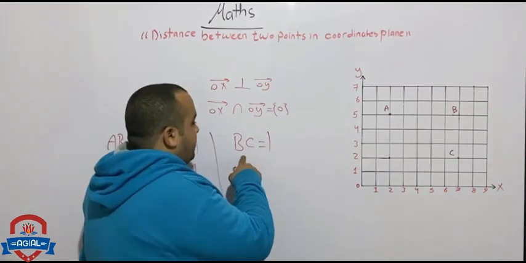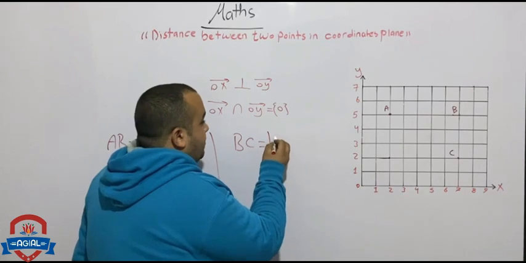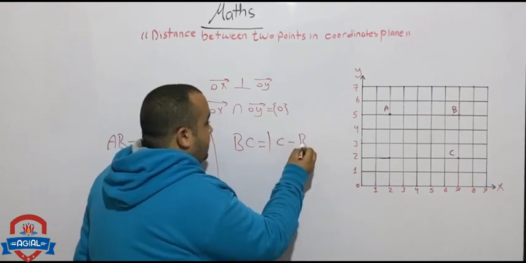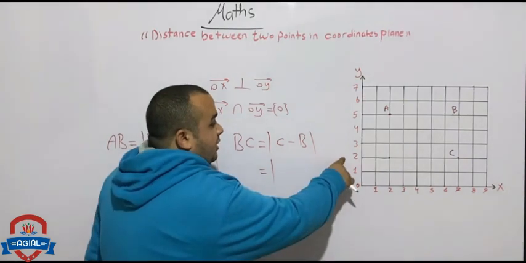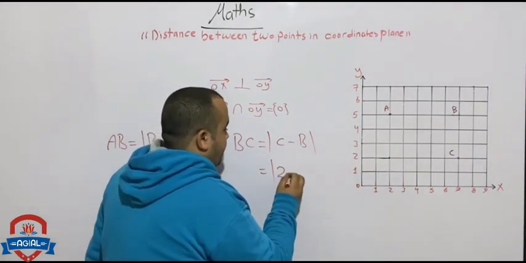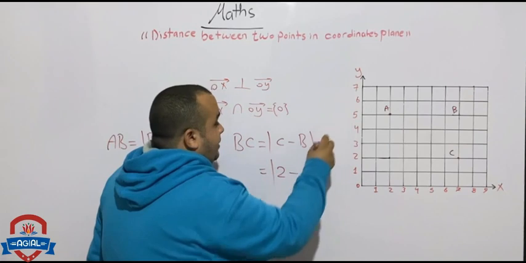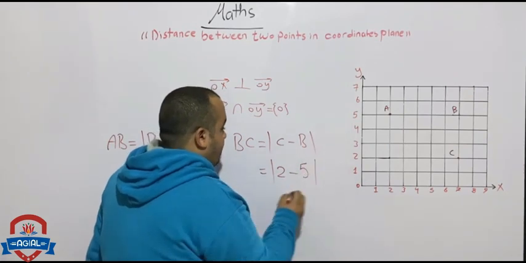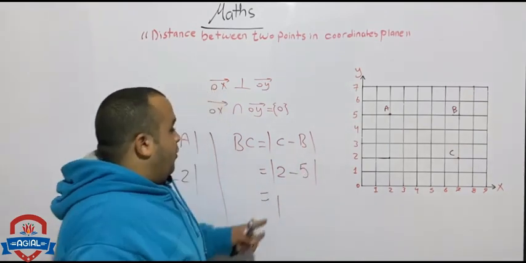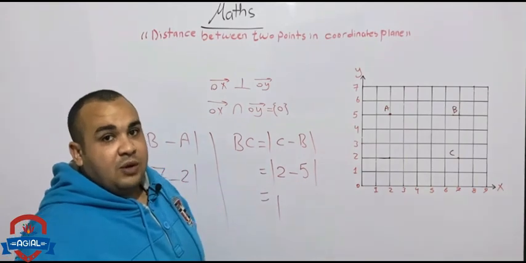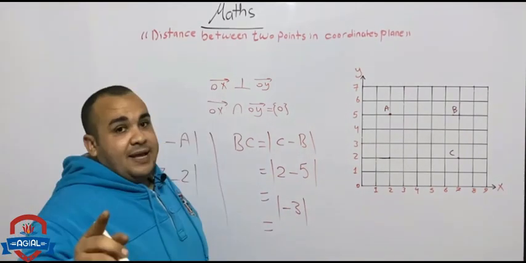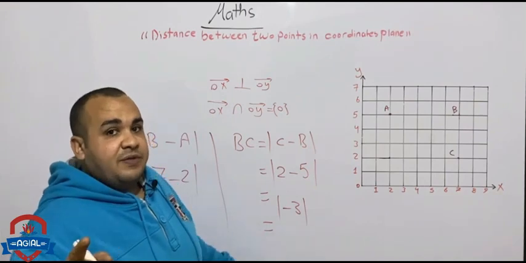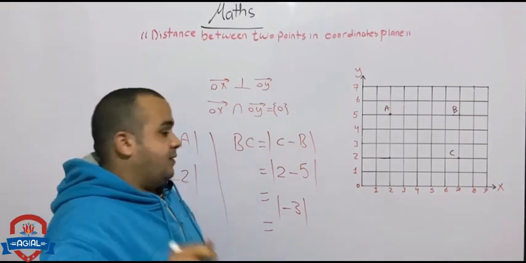The length of line segment BC equals C minus B. C equals 2 and B equals 5. The absolute value of 2 minus 5 equals negative 3, and the absolute value of negative 3 equals 3.